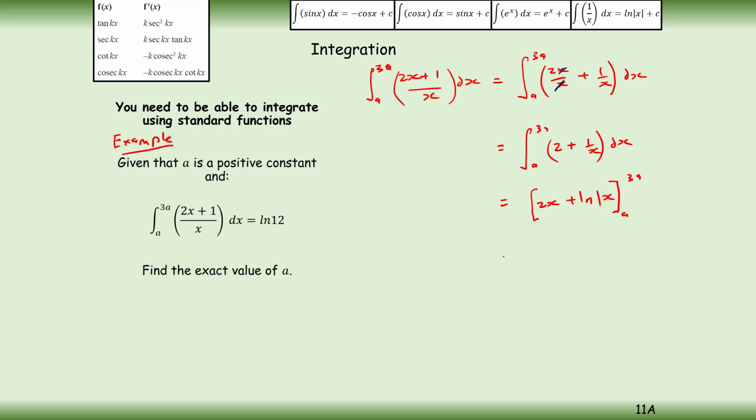Sub in for a and 3a, we get 3a here, that gives me 6a instead of x. 2 times 3a is 6a plus the log of modulus 3a, minus 2a, minus the log of a.